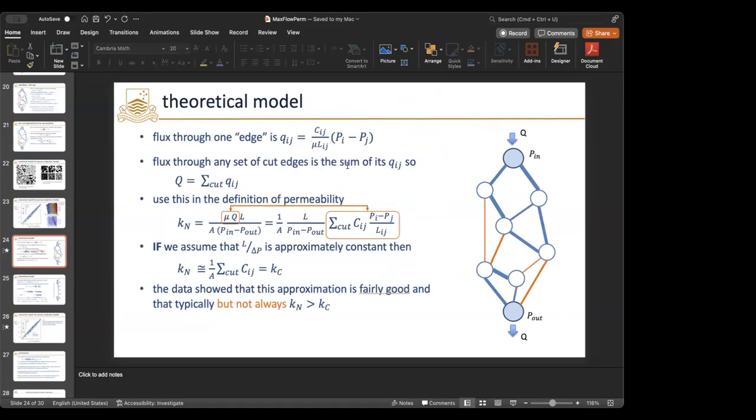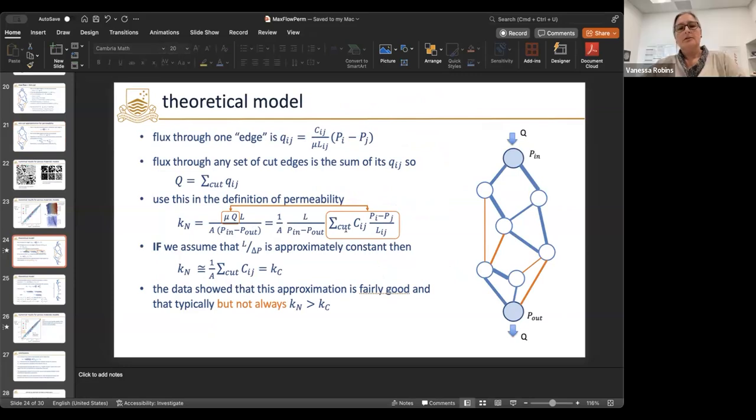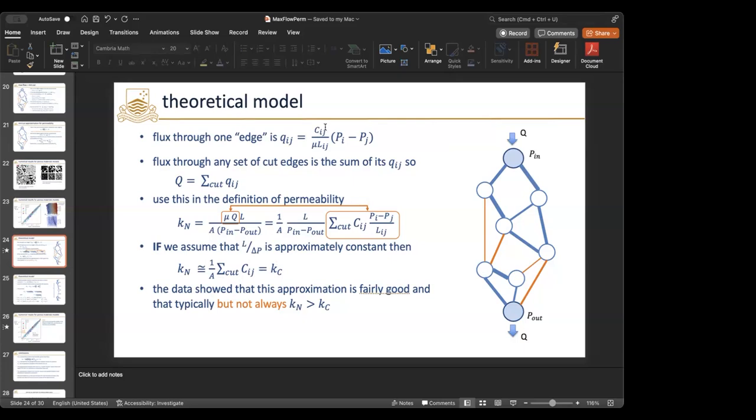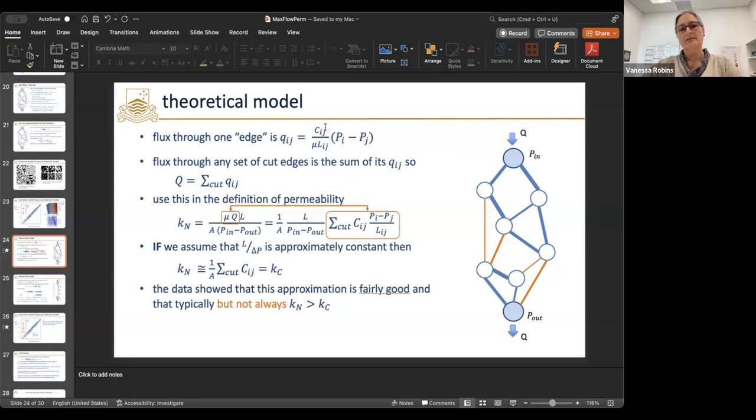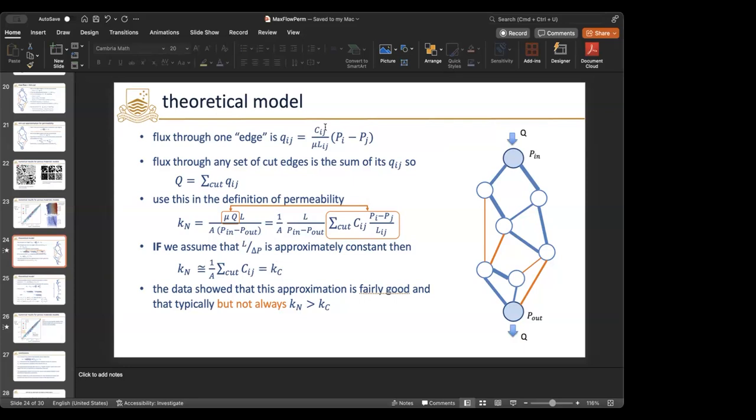And so it made sense to take the min cut as being proportional to these capacities, the radii of the capacities. Thanks. I hope that explains. Thank you. You're welcome.